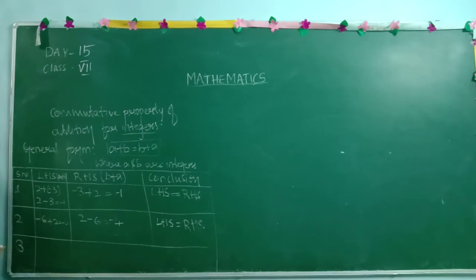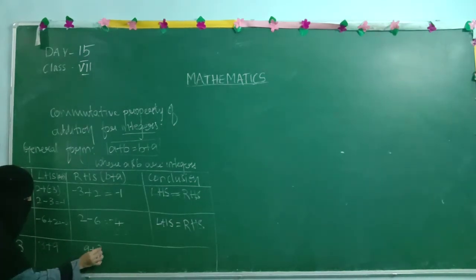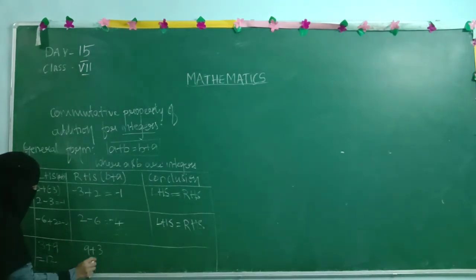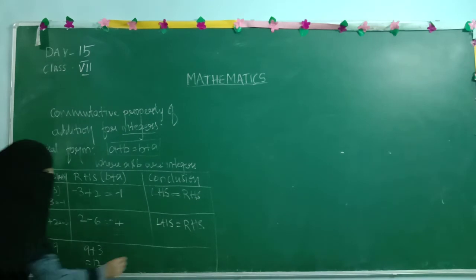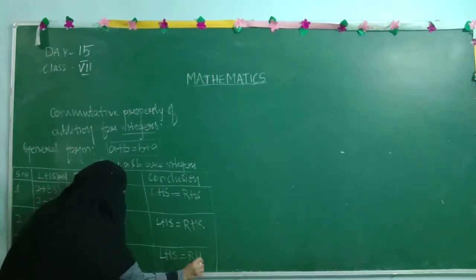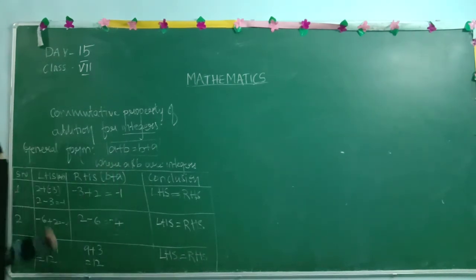Now one more case I will take. You need to take a and b values of your own. Suppose 3 plus 9, 9 plus 3, as they all are integers only. So 3 plus 9 is 12, 9 plus 3 is also 12. So what is happening here? Yes, here also LHS equals RHS. So what have you observed here? When you are adding any two integers, definitely the result is an integer only.